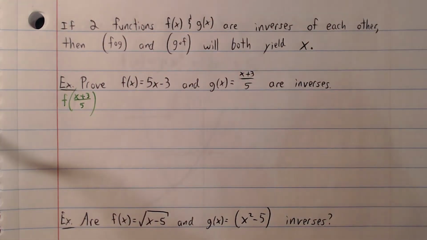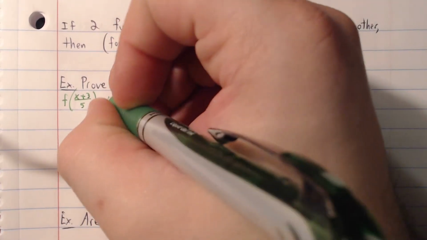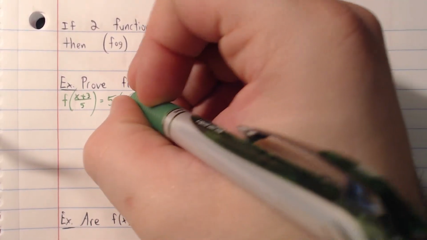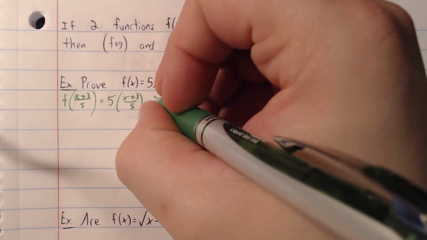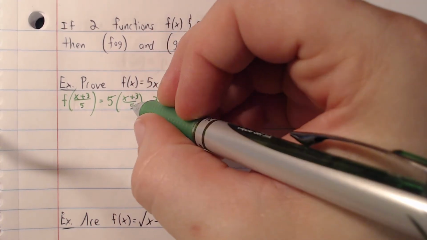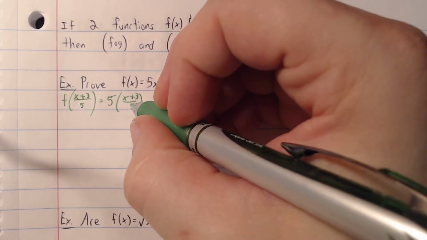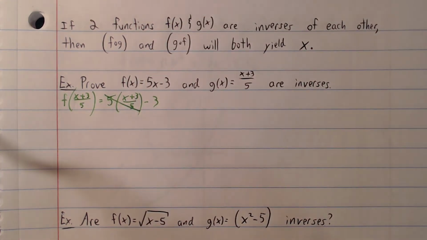That means I'm going to plug in that expression anywhere I see an x. So here we have 5 times x plus 3 over 5, all minus 3. And here's where you're going to start seeing stuff eliminate and hopefully get to just an x. I have 5 multiplying this thing, which is divided by 5. So these are inverses. Those will eliminate.